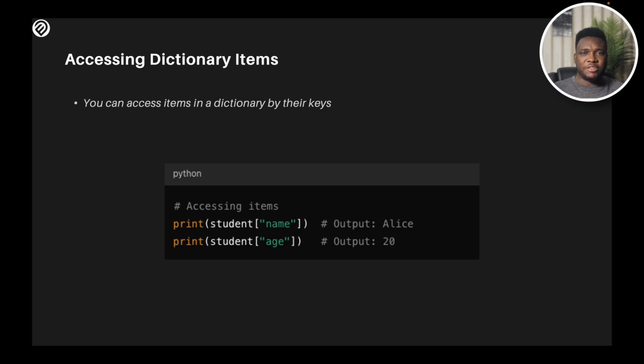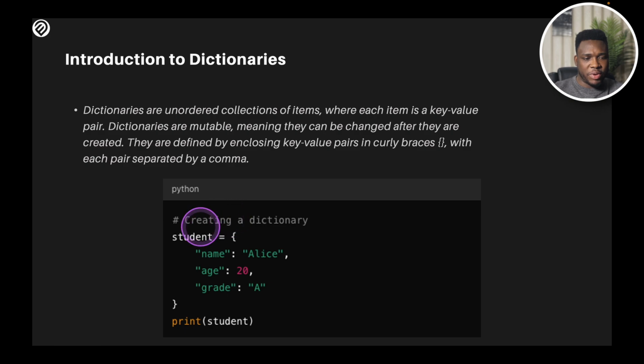The next question after the introduction of dictionaries is, how do we access dictionary items? We've shown you how you can access items within tuples and lists, but for dictionaries, the way to access the items is quite different. You access them using the keys. Look at the student dictionary we have here. How do I access the individual values in the student dictionary? If I want to print out Alice, how do I do that? The way to do that is by calling the key.